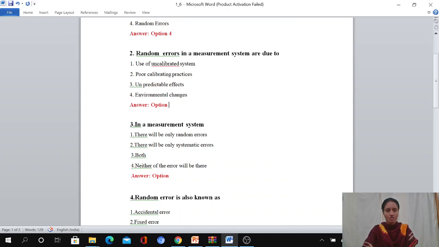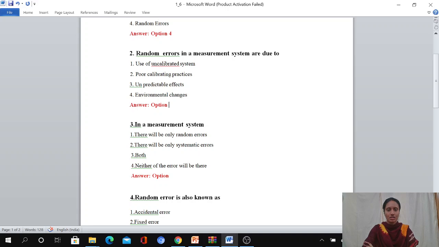Next question. Random errors in a measurement system are due to use of an uncalibrated system, poor calibrating practices, unpredictable effects, or environmental changes.